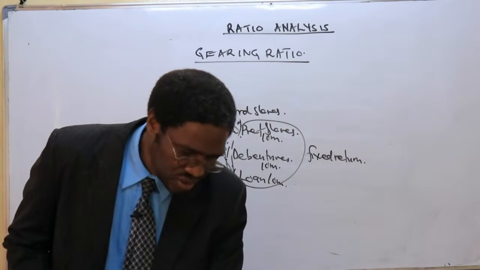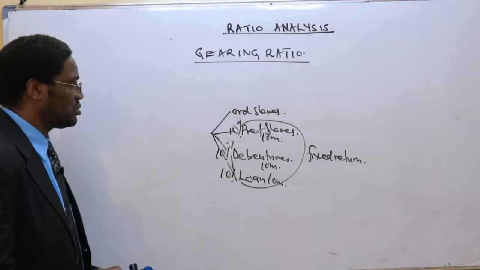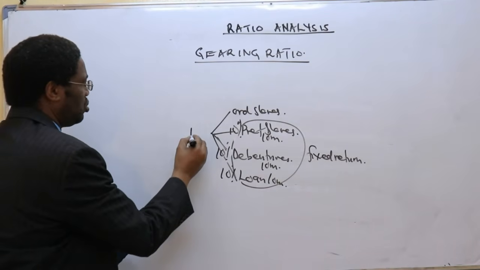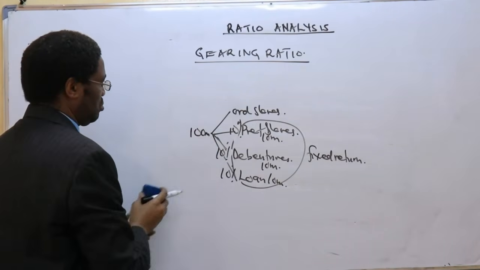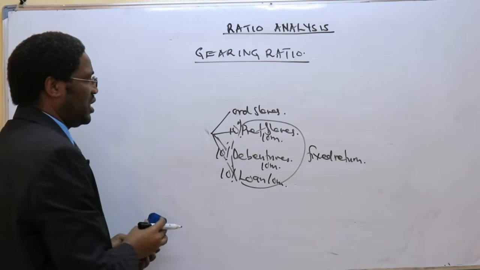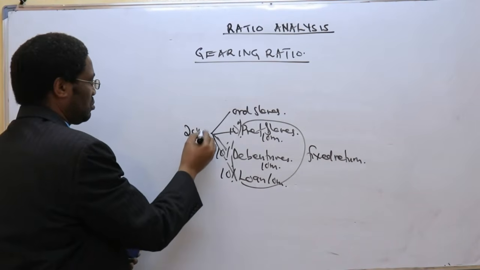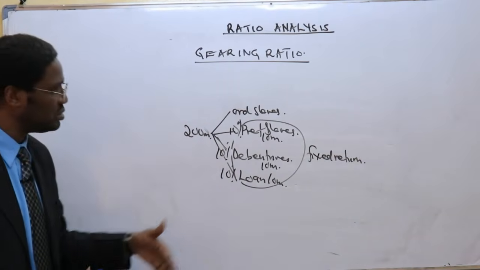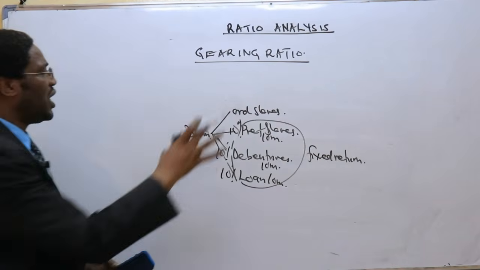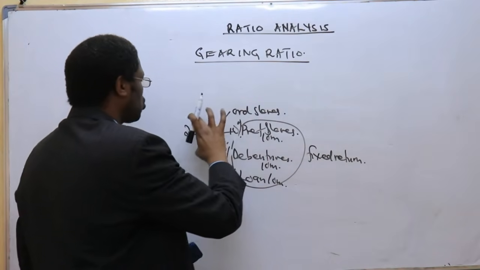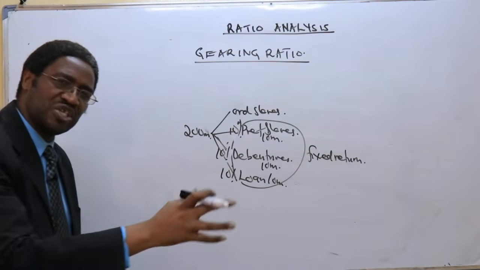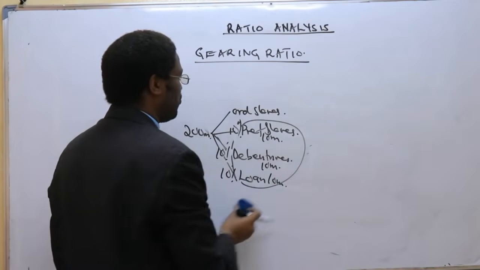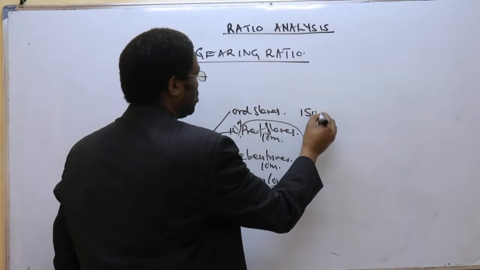So let me assume, now listen, out of your total capital, let's call it 200 million, all these sources included, the ordinaries have provided maybe 150 million.